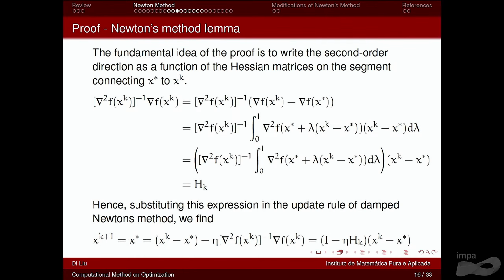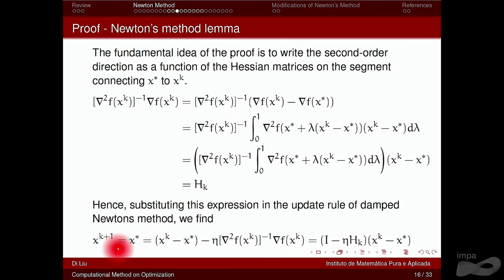So you can use the necessary condition of unconstrained problems, because this is 0. Then we can rewrite this part as the integral from 0 to 1 of the Hessian matrix, and then we rewrite it like this and get hk. Just use the first order necessary condition, and by the definition of this integral, you get this equal to hk.